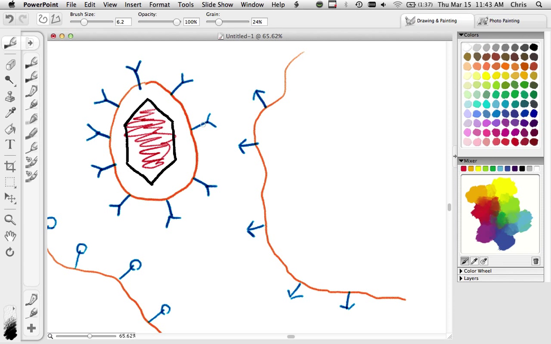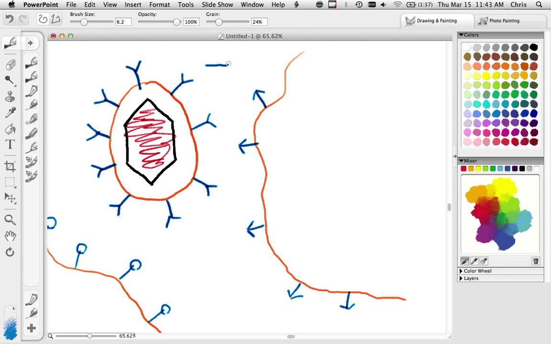Now, ask yourself, are these proteins going to match up better with these proteins or this? And I think the answer should be pretty obvious, that the proteins for the virus are going to match up with the proteins on the surface of the cell.